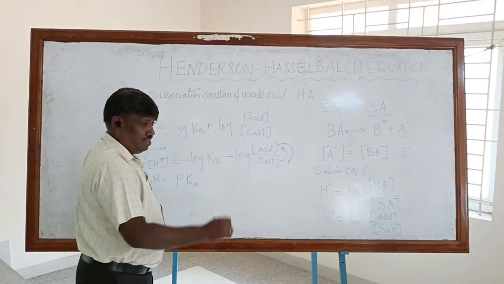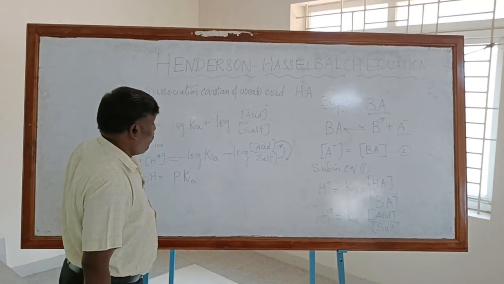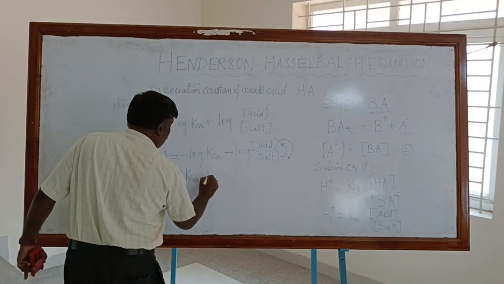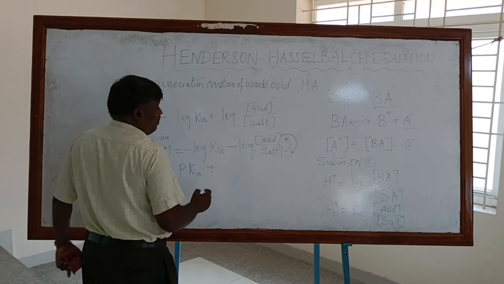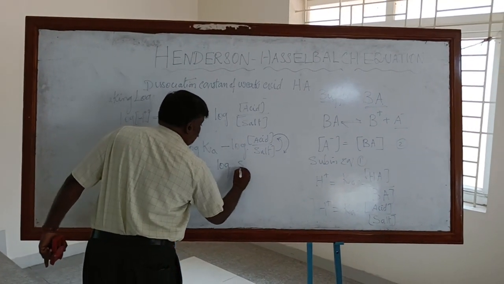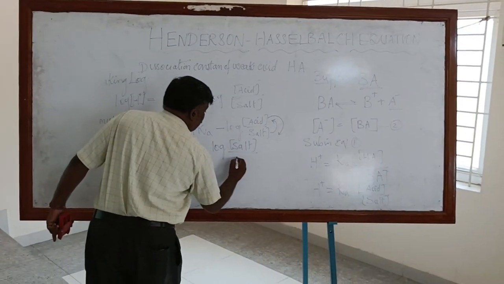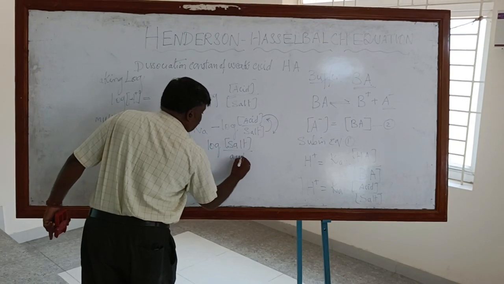If I reverse this, I can make this sign change. So I can put plus and write log of concentration of salt by concentration of acid.